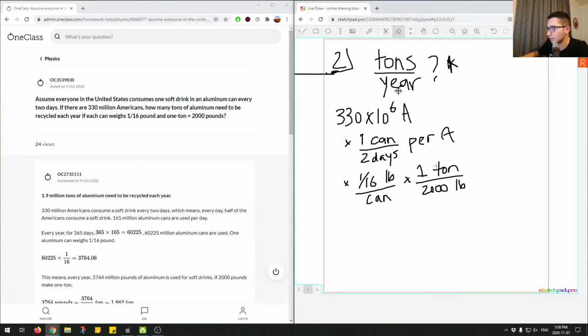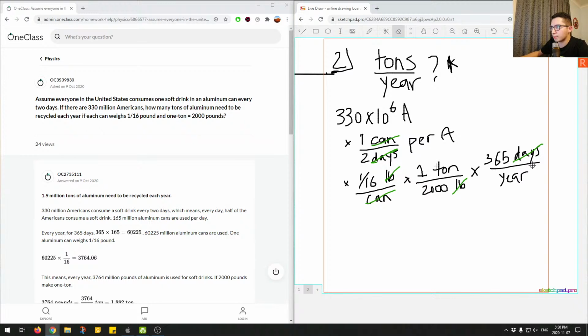But we want year. So we can multiply this by the number of days per year. So 365 days per year. I'll use a different color. Okay, so we can see that right away we can cancel out can, pounds, days.